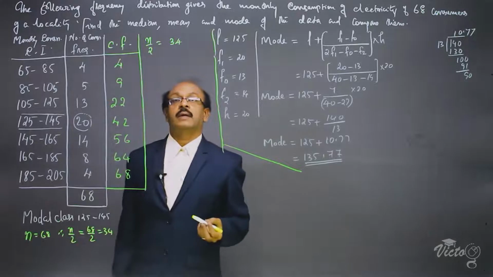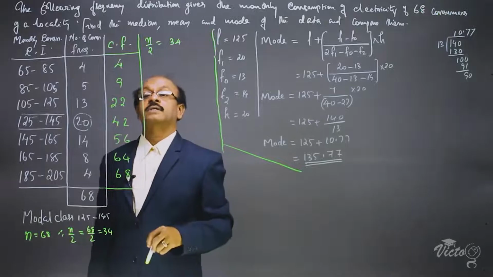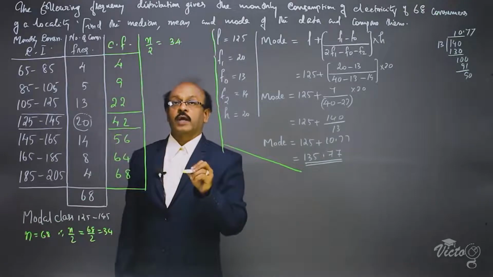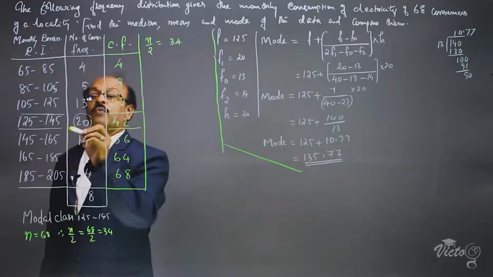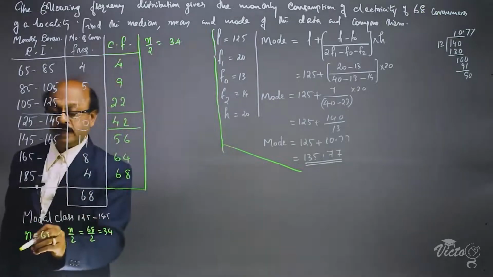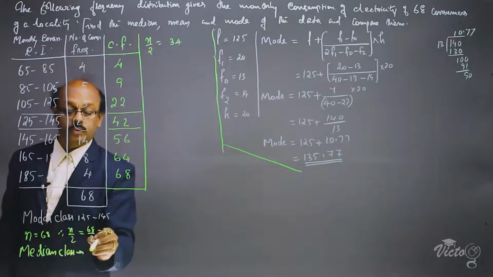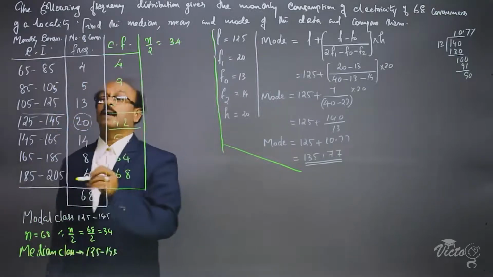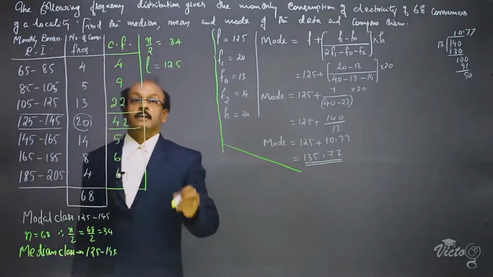For selecting the median class, the cumulative frequency which is just greater than 34 is 42. Therefore 125-145 is the median class also. Therefore, the lower limit of the median class is also 125. L is equal to 125.